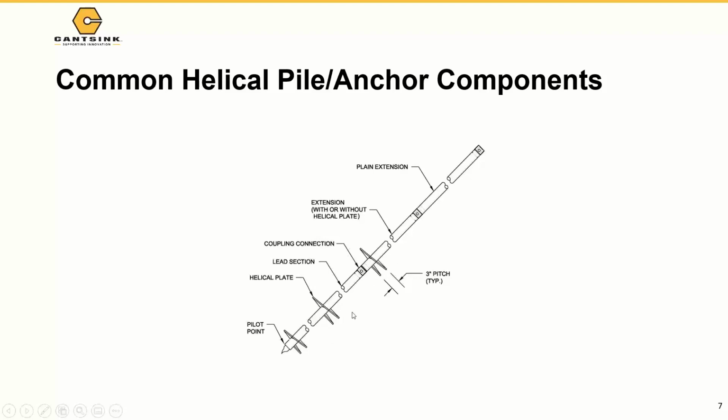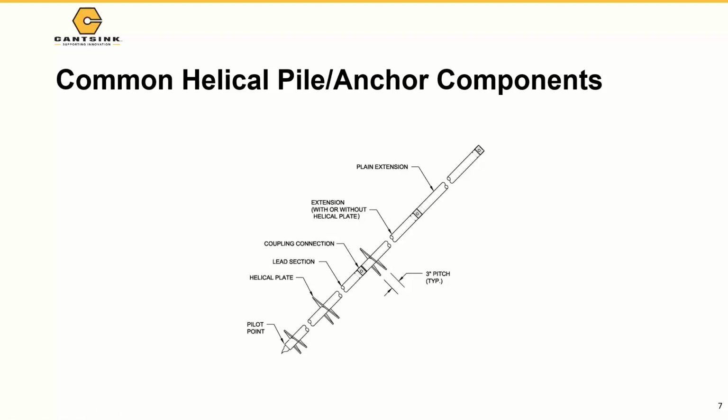I'm going to talk about that later when we discuss the methods to determine the pile capacity, specifically the individual bearing plate method and the cylindrical shear method. Also, the first helix is always the smallest, and as you go up, you can increase the diameter of the helix.